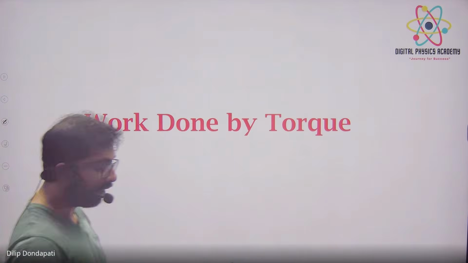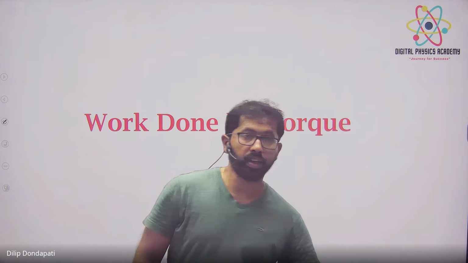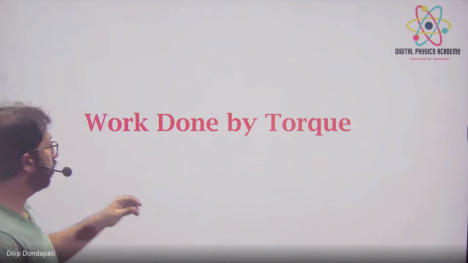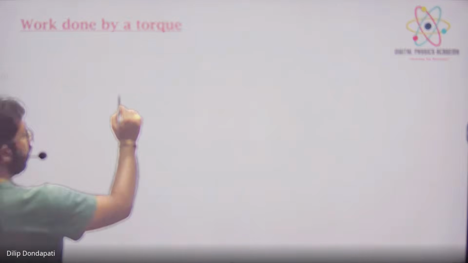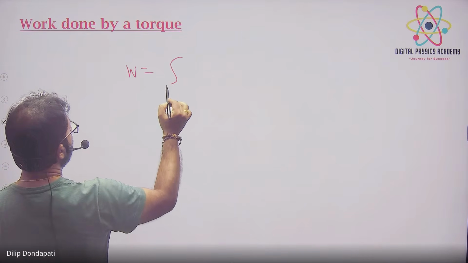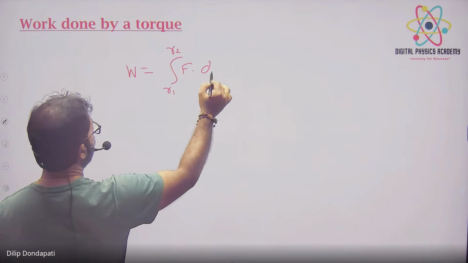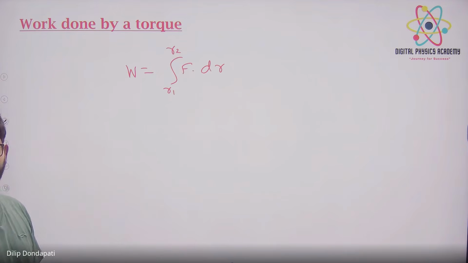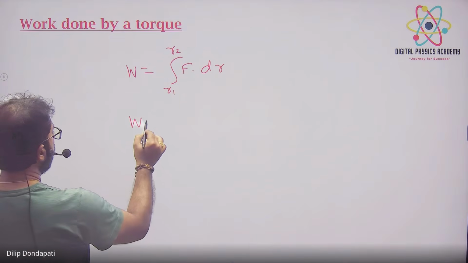Now work done by torque. So already you know how to find work done for linear. For variable force, what is the formula we'll use? Integral r1 to r2 f dot dr, right? This for linear we learned when the force is variable. And can you tell me rotational motion में क्या होगा? Compare always rotational.